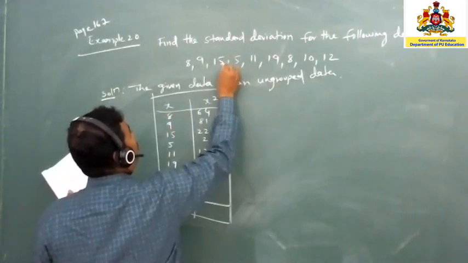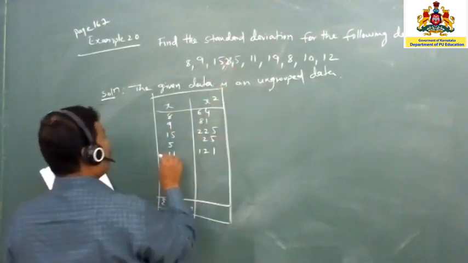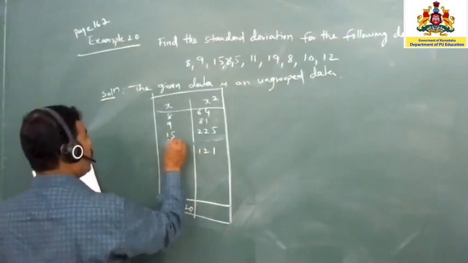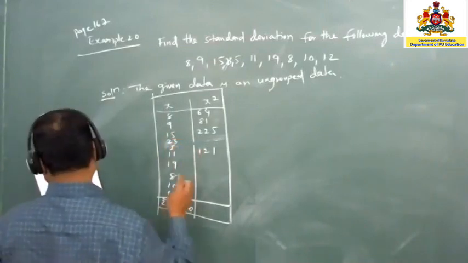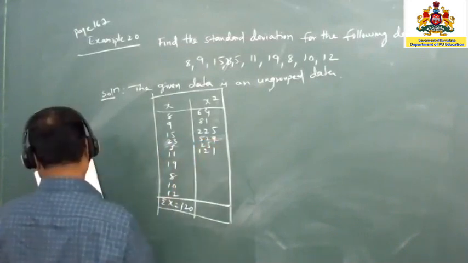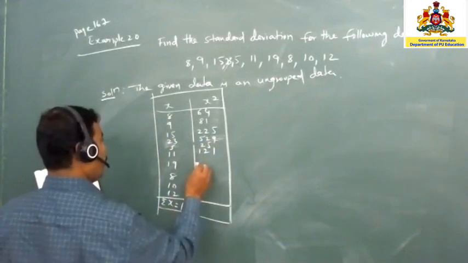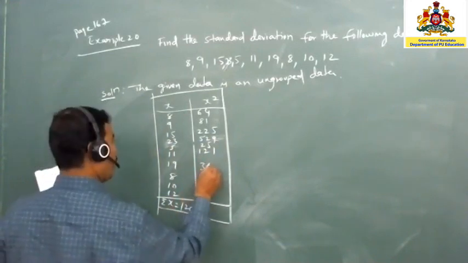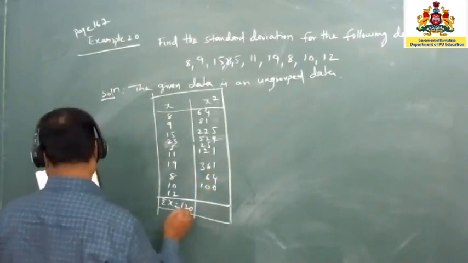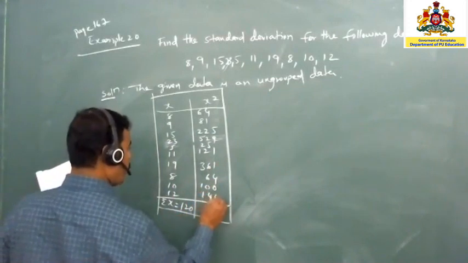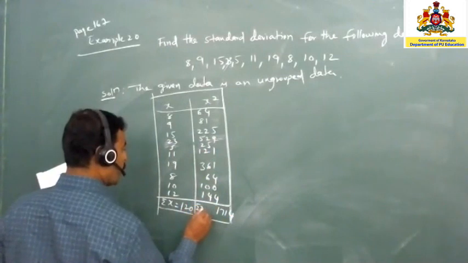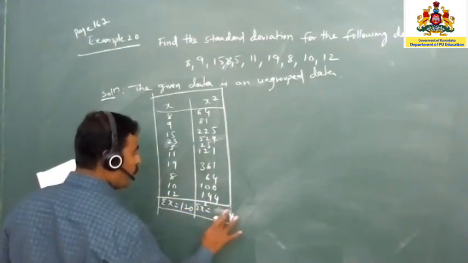Here one more observation is there, 23, and its square is 529. The total, summation x square, is 1714.